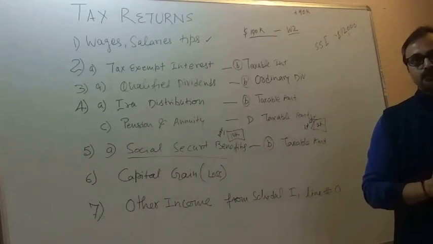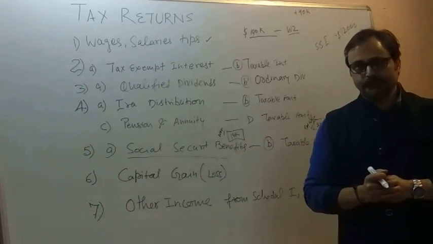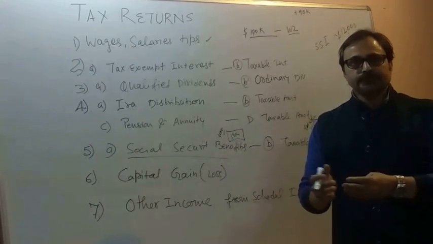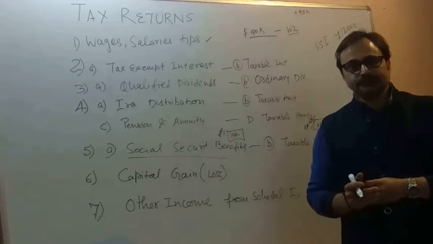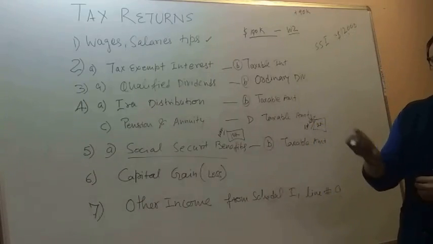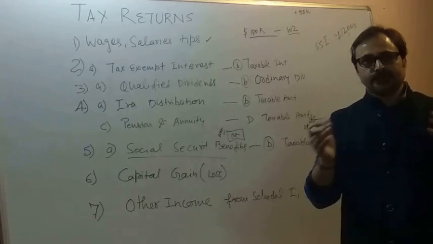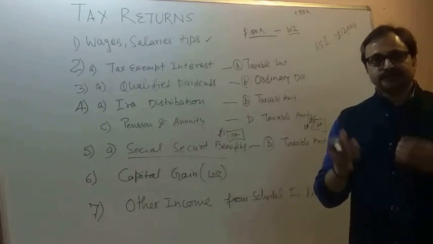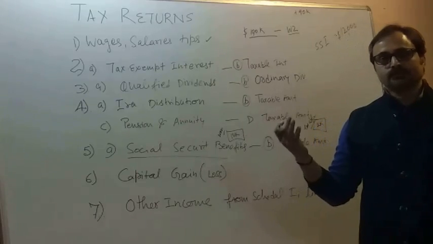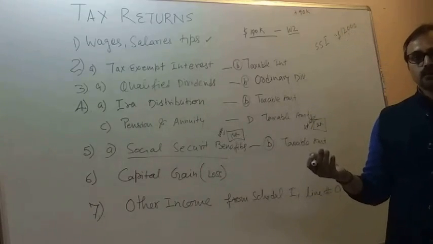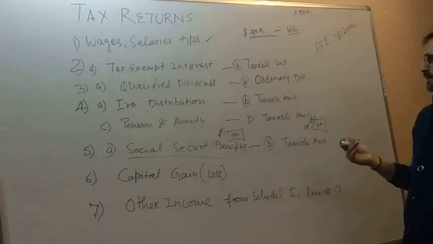Because if we have to gross up the income, remember 125%, or we can gross up income by 125%, right? In my previous video, I shared that in great detail, when we need to gross up and how to calculate that grossed up income.